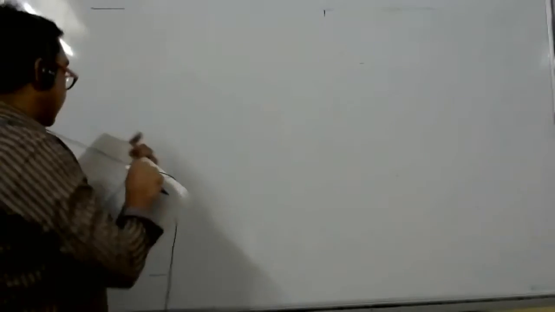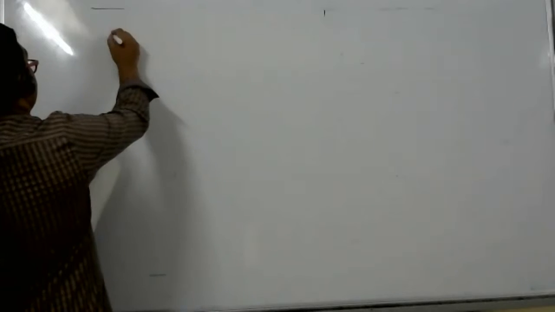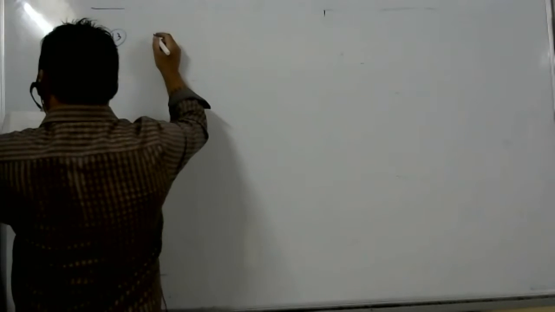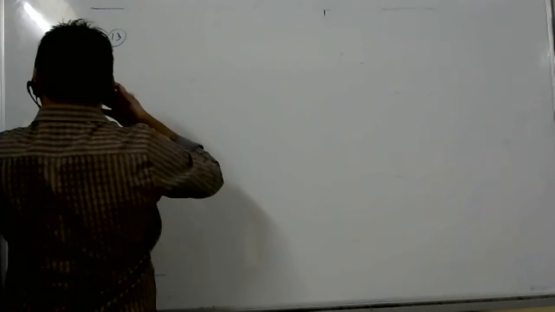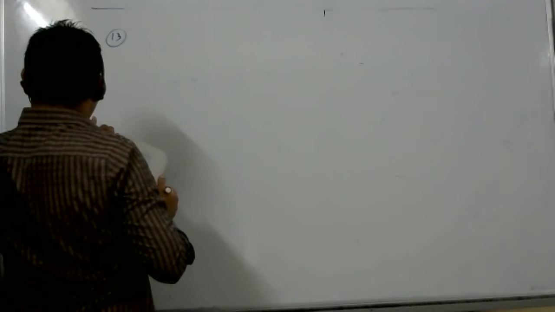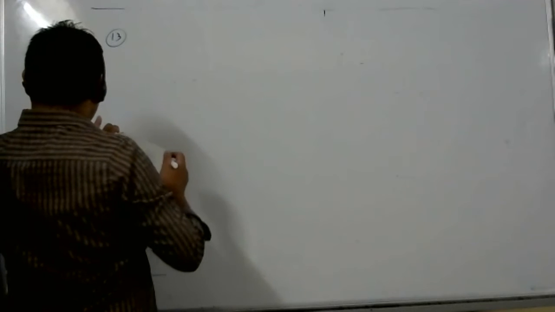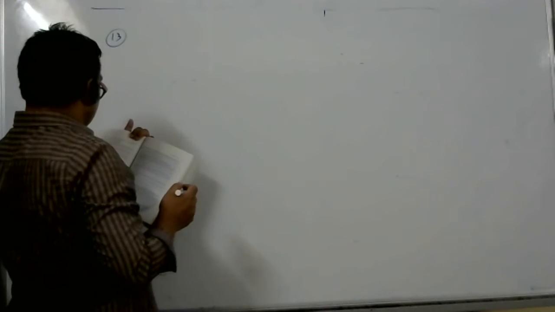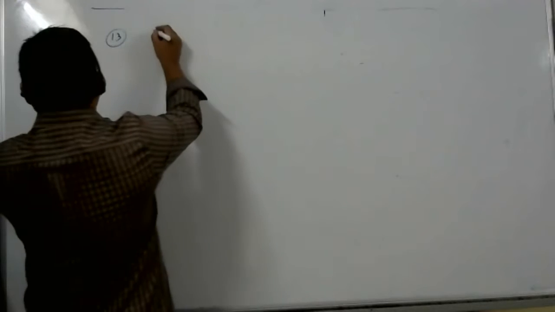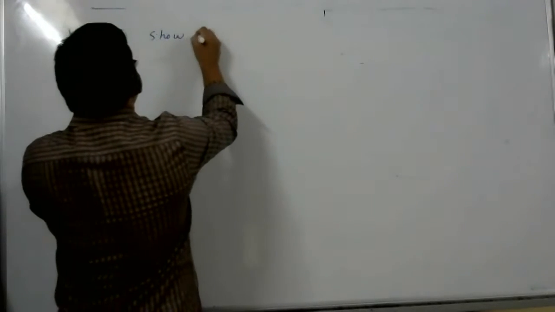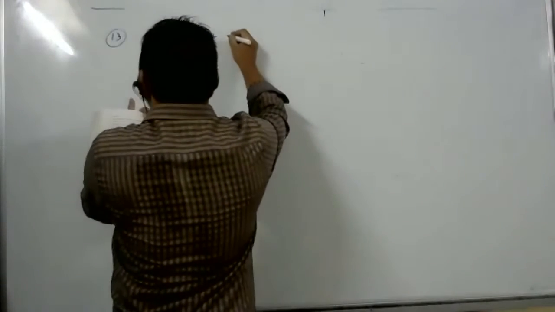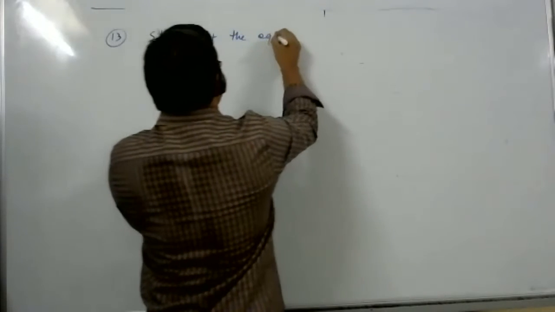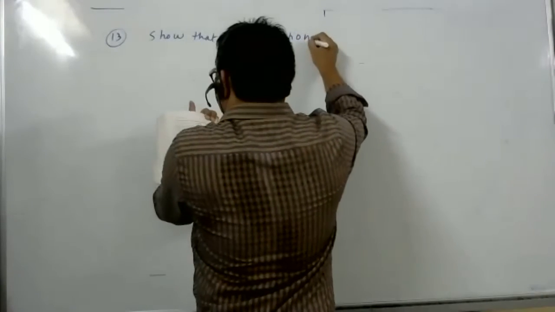So shall I do the 13th sum or the 23rd? 13th sum is looking tough only. Let us do the 13th sum. I will leave early because Mona Lisa is waiting.